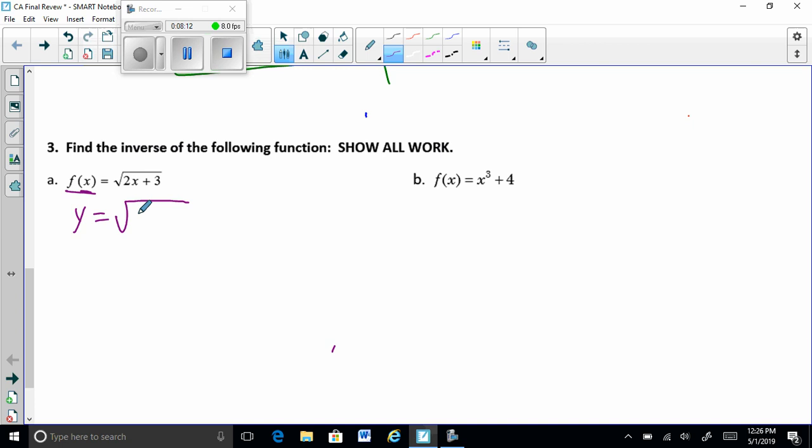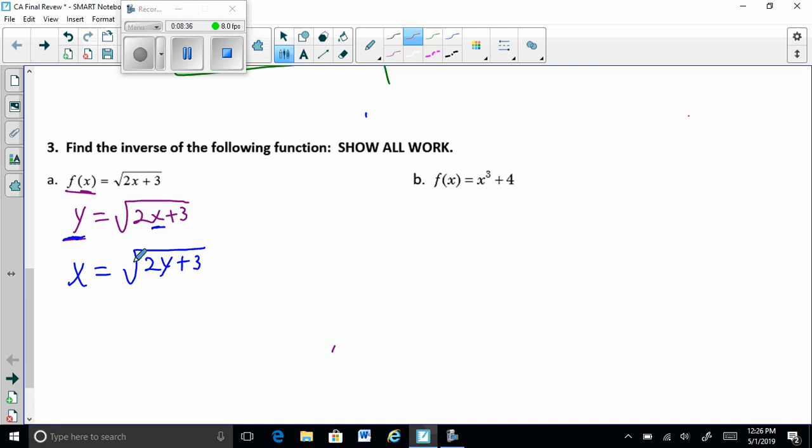It just makes it a little bit easier to work with. Okay. Then the next part is to switch the x and y value. So now it's x equals the square root of 2y plus 3. And then now you solve for y. And that's how you find the inverse.